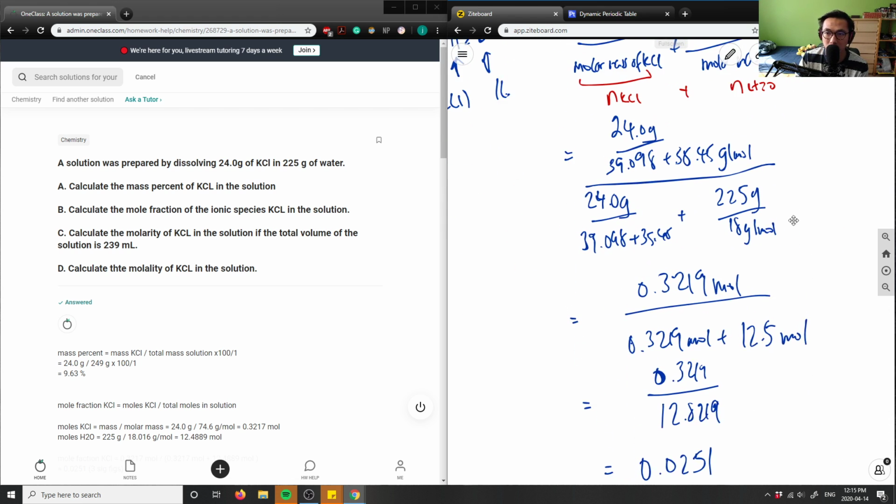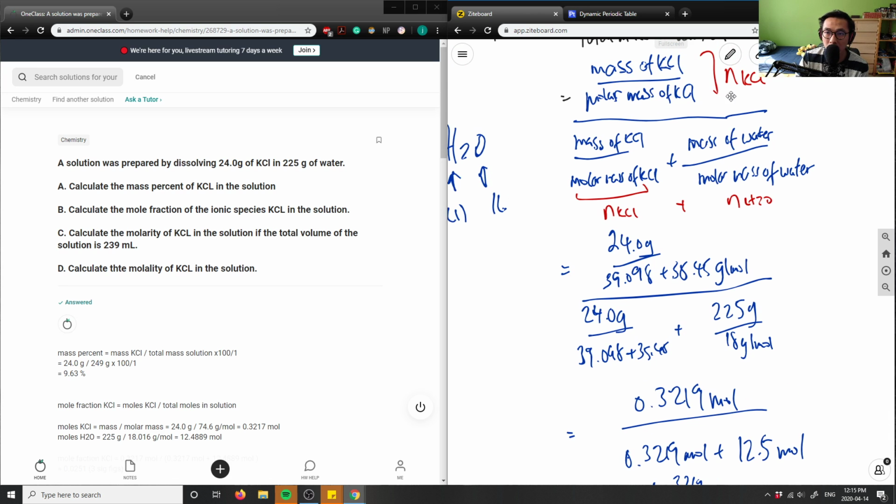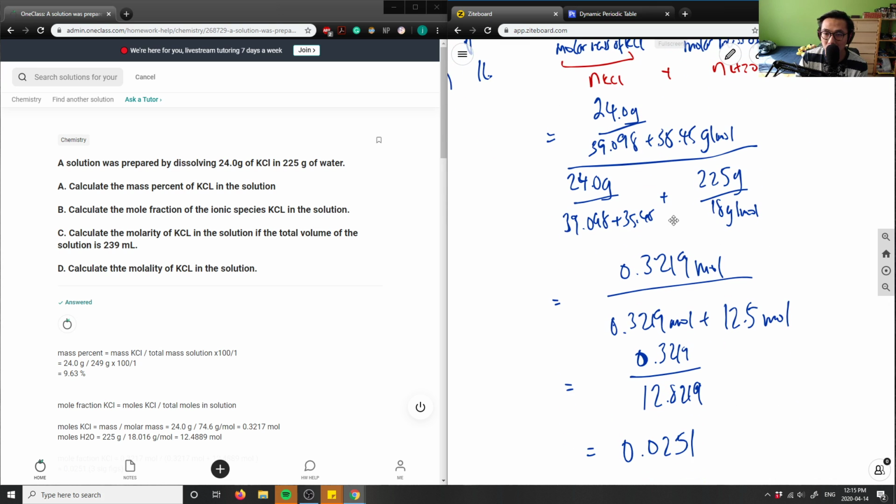It's basically just math: moles equals mass over molar mass, so mass over molar mass divided by mass over molar mass plus mass over molar mass. These two are the same, the moles of potassium chloride, 0.3219 here and here. And to solve for the moles of water, it's again just mass over molar mass.